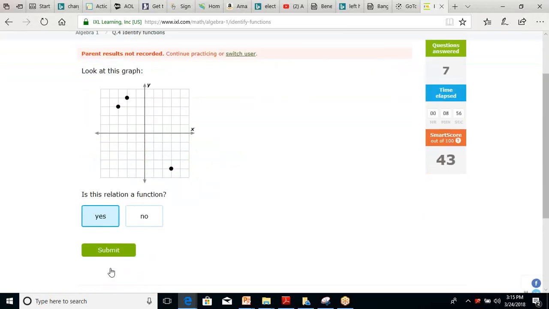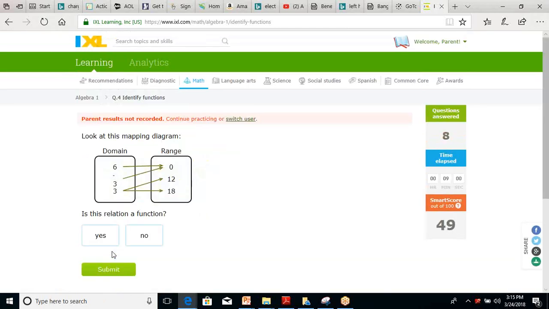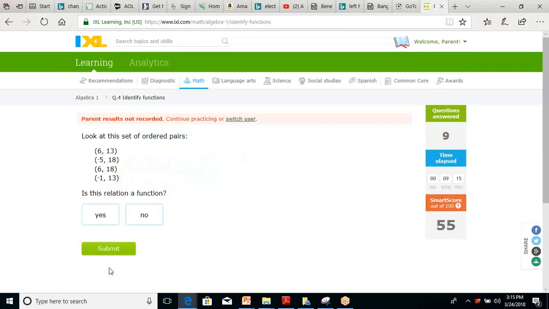Yes. Okay, good. All right, so each x value should pair with only one y value. So this x value is paired with 12 and 18, so it is not. So look at this, is this relation a function? So 6 is paired with 18, 6 is paired with 13, so it's not a function.